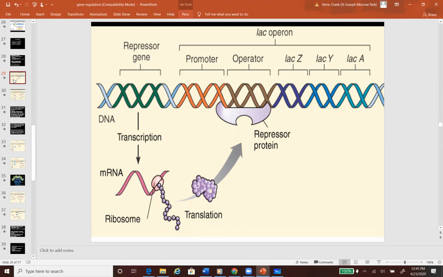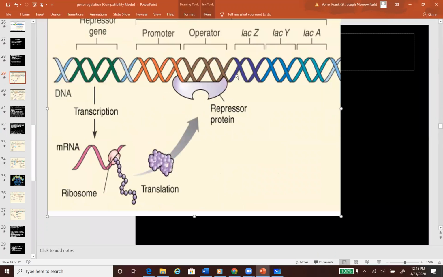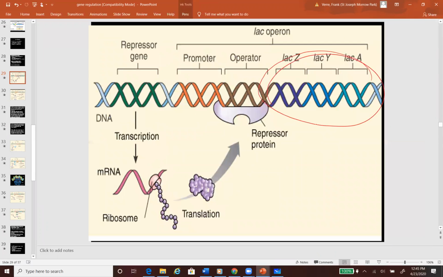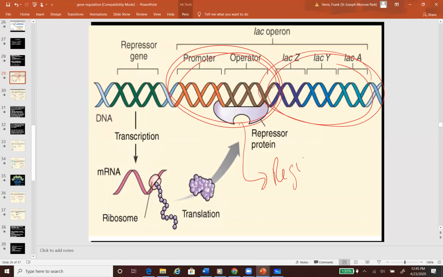The coding section would be the part that gives you the protein. So that would be here, right? This section. The non-coding section is the part that controls transcription. So this is the part involved in regulation.